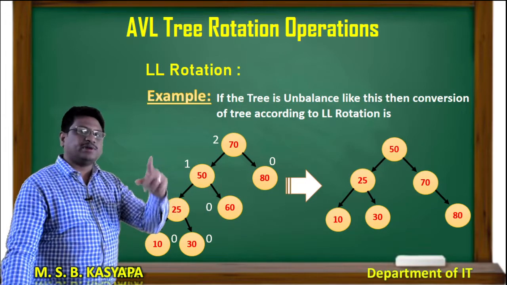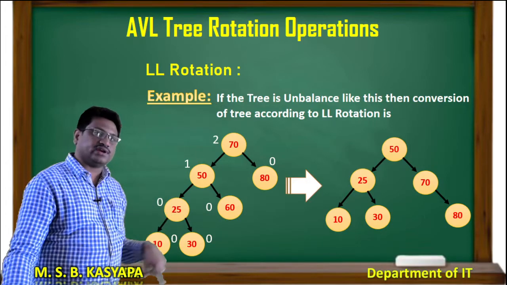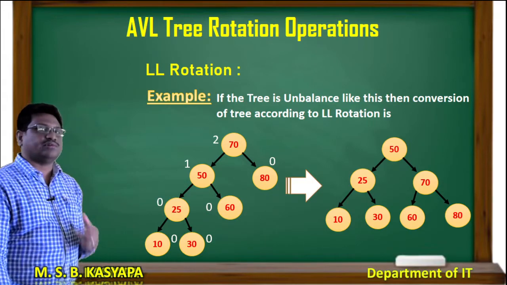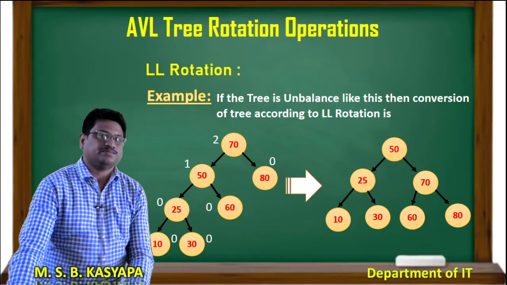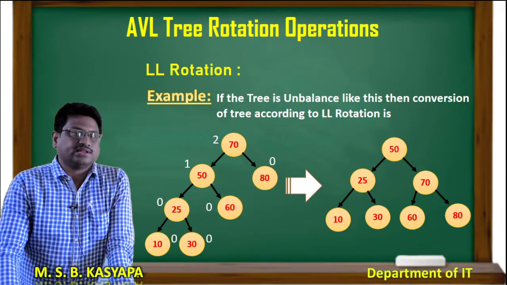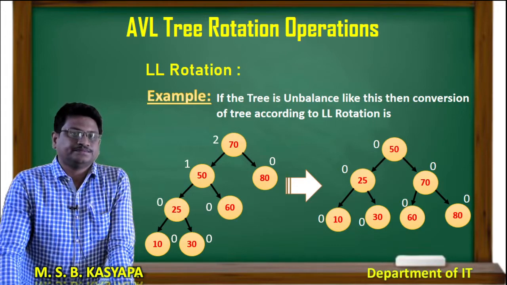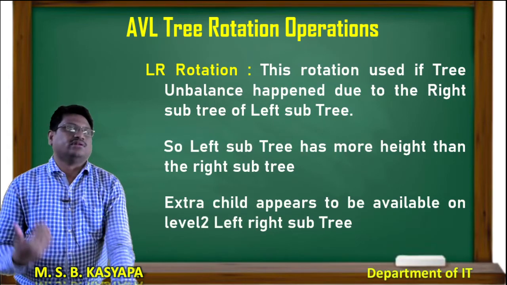So in the right subtree, that means 70 and 80, as a left child means 70's left child. So the final outcome of this tree after LL rotation is like this. Okay. If you see the balance factors, all are 0. Now it is a balanced tree and it is an AVL tree.